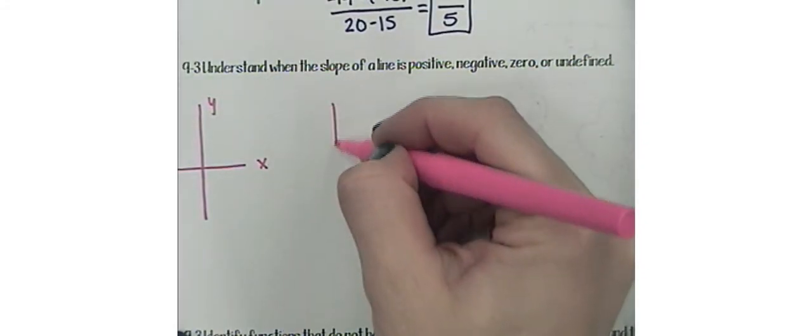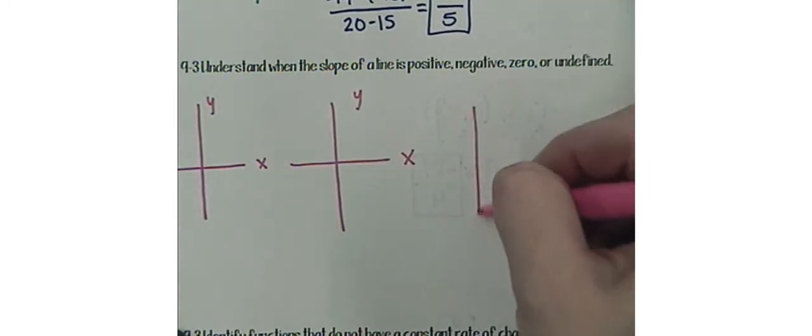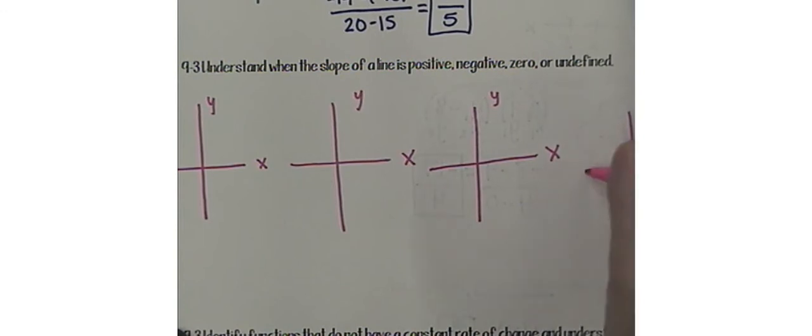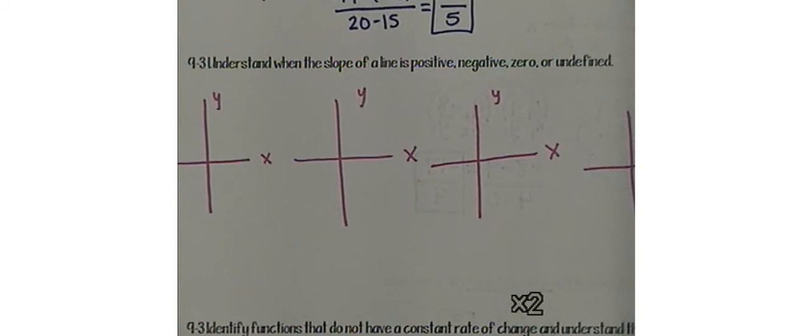So I am going to draw X and Y, four of these. And on these coordinate planes, I'm going to draw lines, and I want you underneath them to write whether they're positive, negative, 0, or undefined.